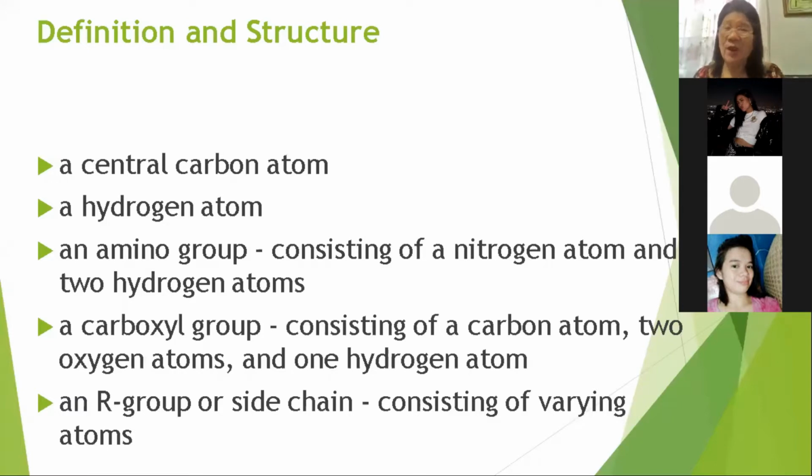The R group, known as the side chain, will determine the type of amino acid. It depends on the side chain, or branching. You will know what that amino acid is from the side chain.